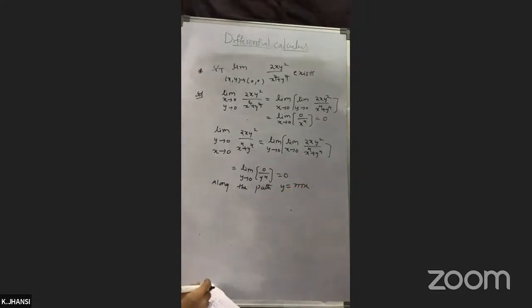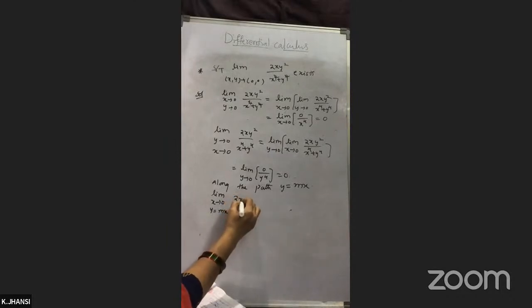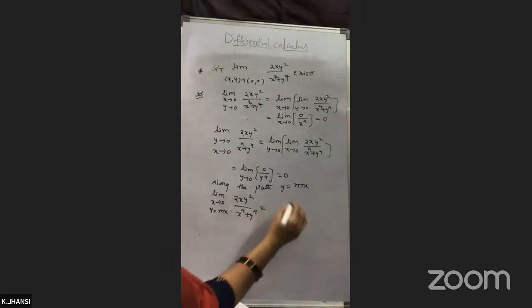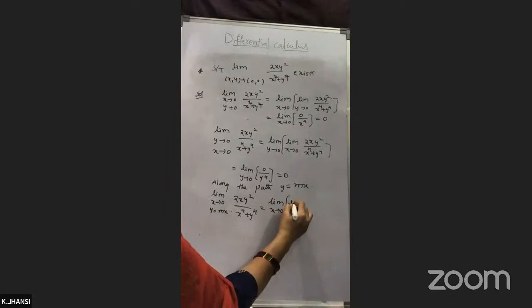Okay, this is one path. So what will happen? This is limit x tends to 0. What is the y value? Y equals mx. 2xy square by x to the power of 4 plus y to the power of 4. So it is limit x tends to 0, and here you write limit y equals mx.